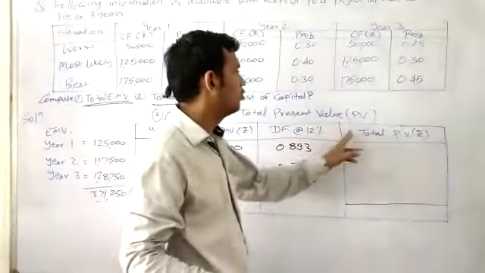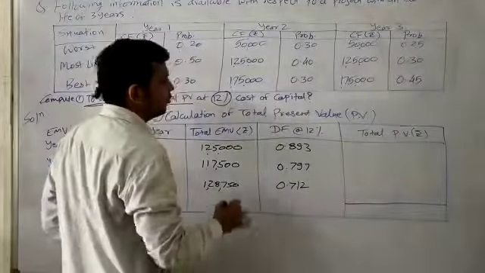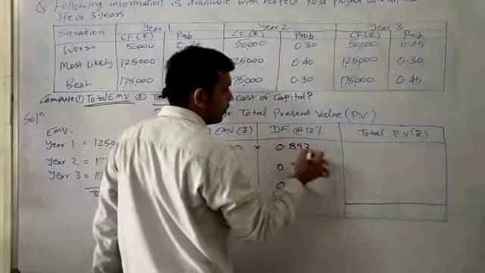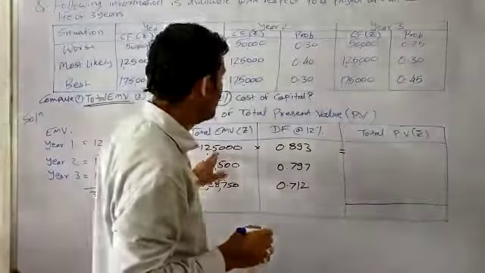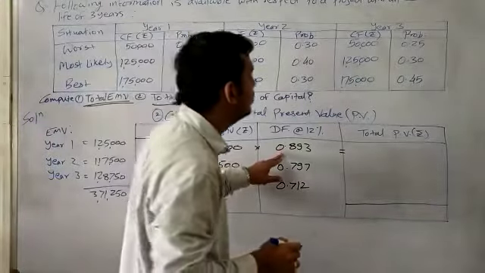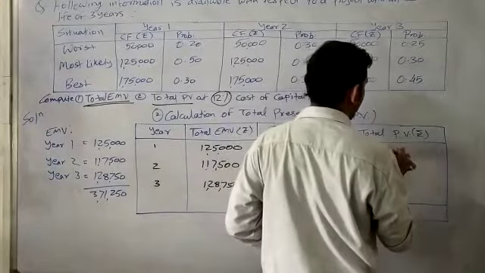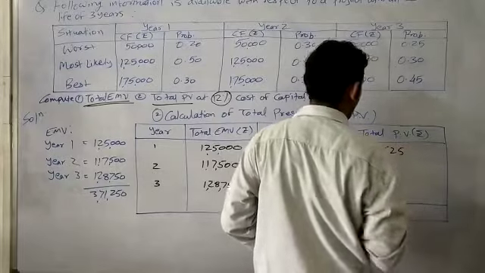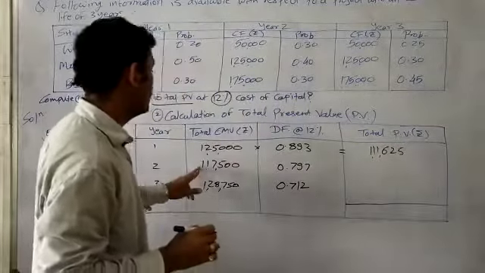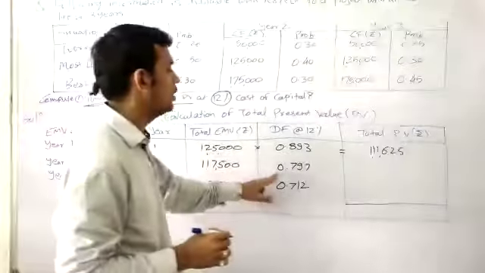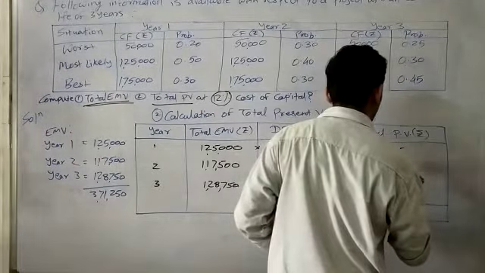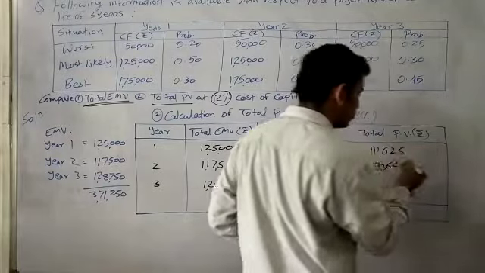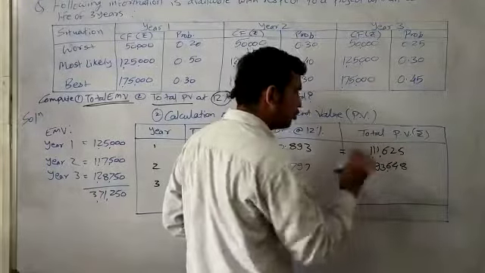So for calculation of total PV, we have to multiply EMV by the discounting factor. For the first year, 1,25,000 into 0.893 is 1,11,625. For the second year, 1,17,500 multiplied by 0.797 is 93,647.5, which we have rounded up to 648.